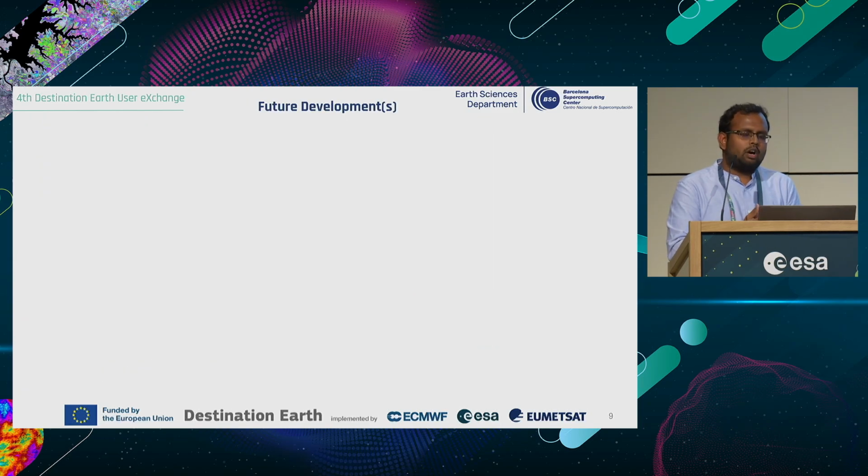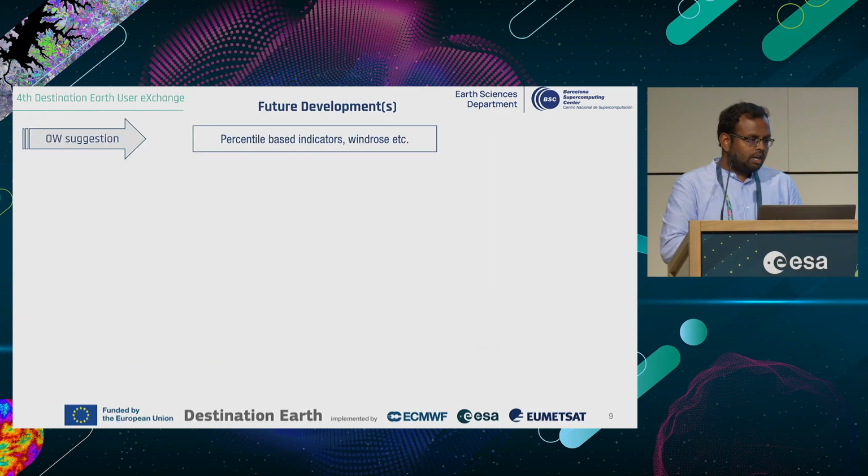So now coming to our future developments, we are not only interacting with the users, but we also take user suggestions. Ocean Wind suggests that we develop some other indicators also. So we are developing those indicators, like percentile-based indicators or the Windows sorts of indicators.